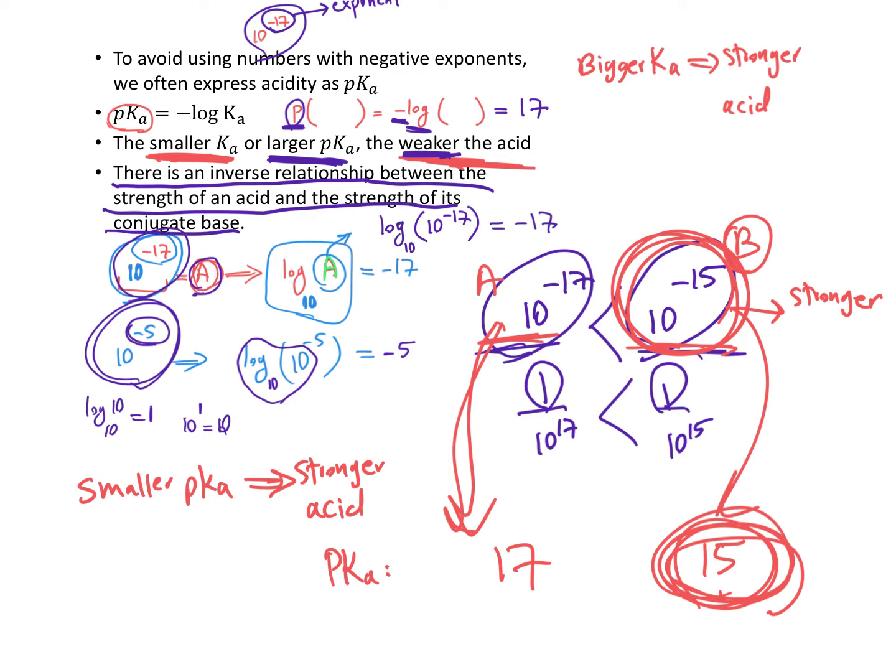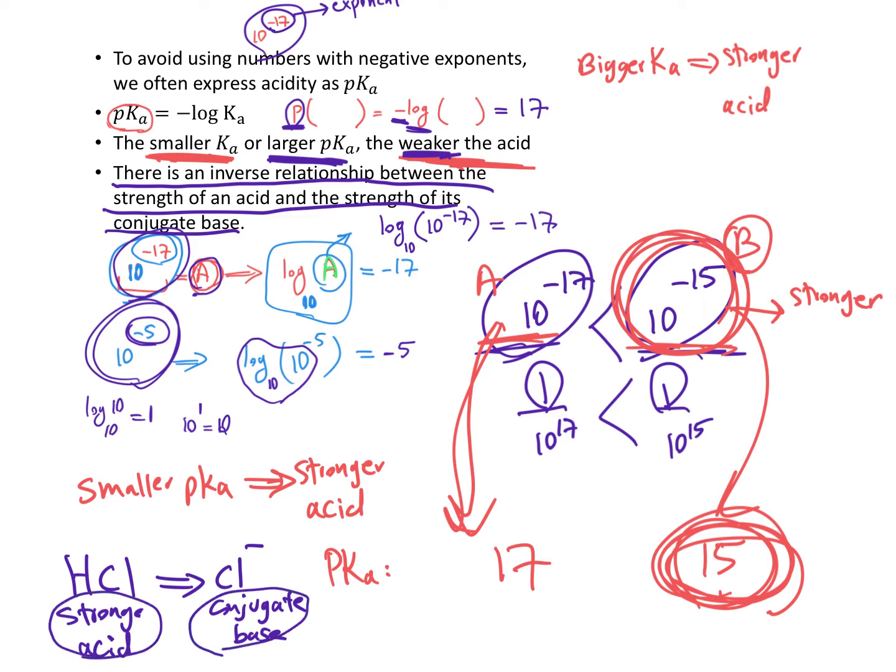So when you have an acid like HCl, hydrochloric acid, that is a really strong acid, what is its conjugate base? Cl minus, right? You remove the hydrogen, that would be the conjugate base. So if you have a strong acid, the conjugate base would be weak.